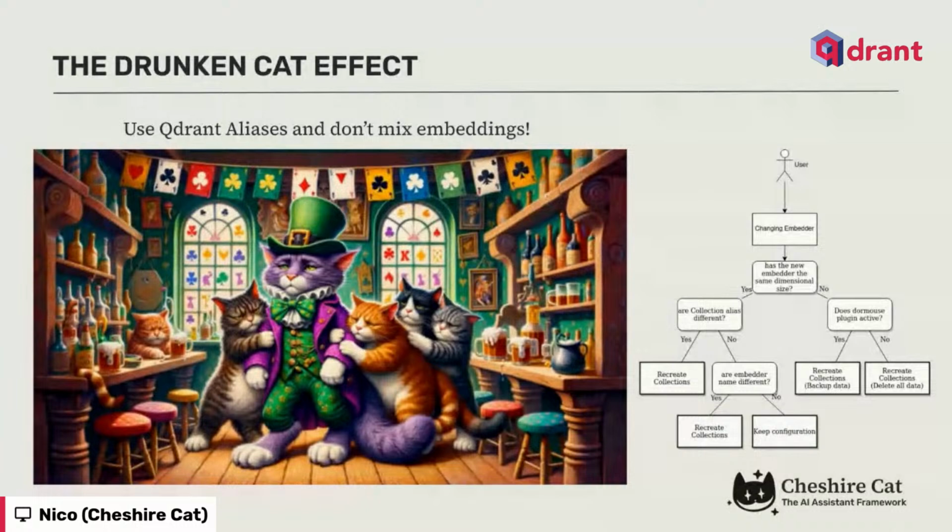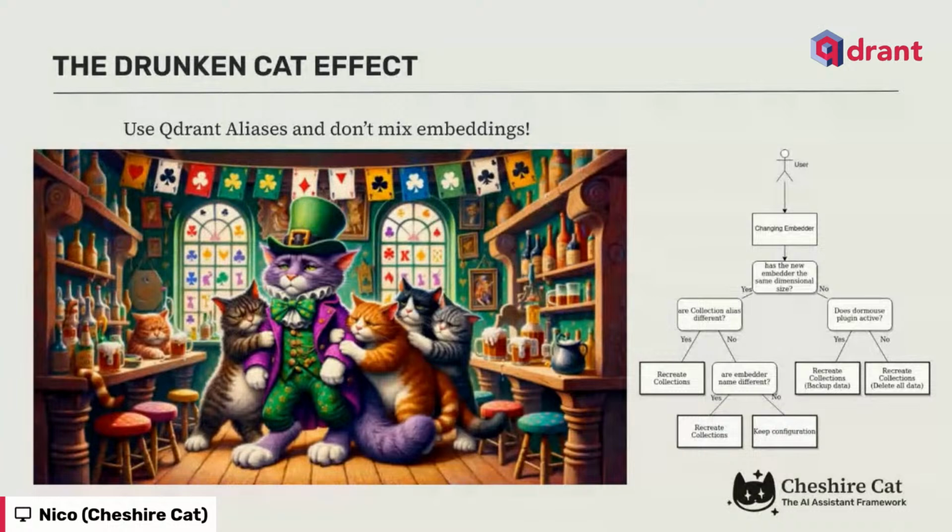The flow now is this. We create the collection with the name, and we use the aliases to label this collection with the name of the embedder used. When the user changes the embedder, we check if the embedder has the same dimension.